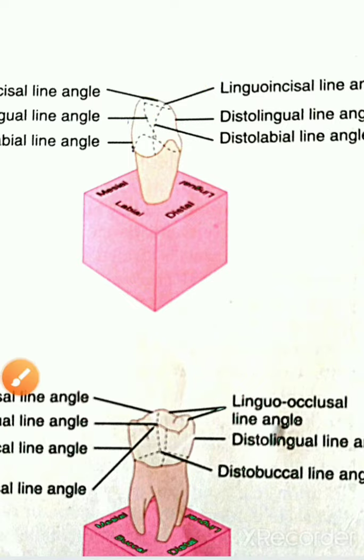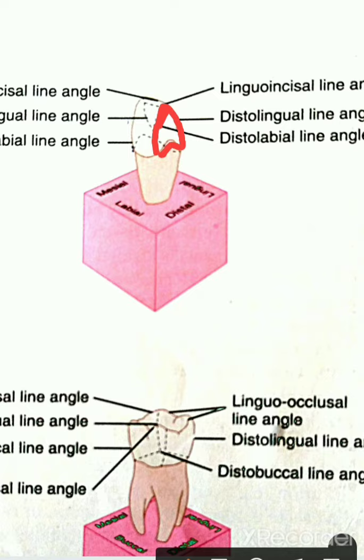And again, this will be the distal surface. In the distal surface, this is the distal side and this is the incisal side, so this interaction is known as the disto-incisal angle. Whereas this is the labial surface and this is the distal surface.